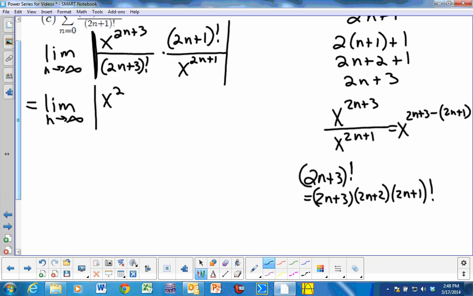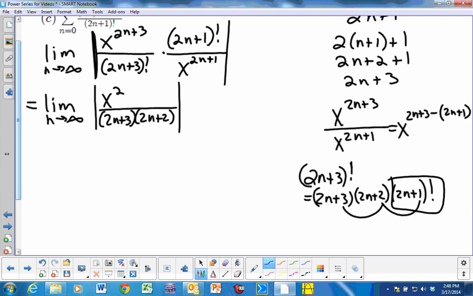All you do on factorial is subtract 1. So I subtracted 1, I got 2, subtract 1, and then this is exactly the same as what the top is. So we're going to end up with just 2n plus 3 times 2n plus 2. The rest of that is all going to go away.